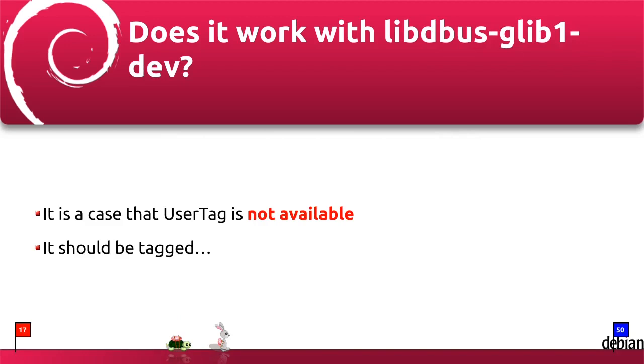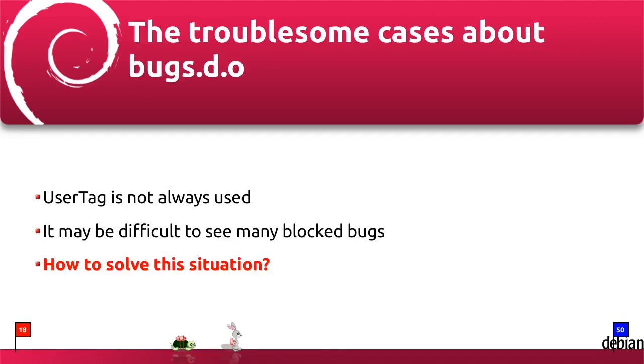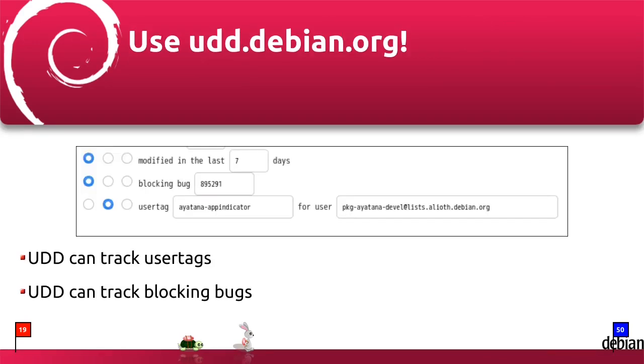It should be tagged, but user tag not available for DebConf. Like this. There's a case that user tag is not always used. How to solve this situation? The answer is using UDD. UDD can track user tags and blocking bugs.